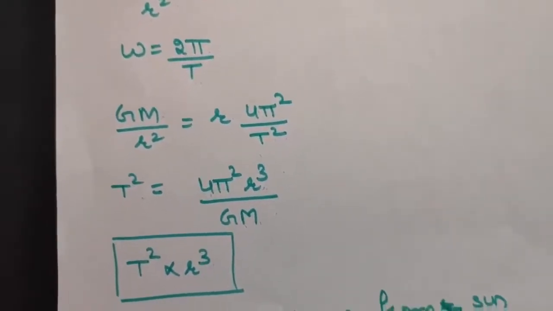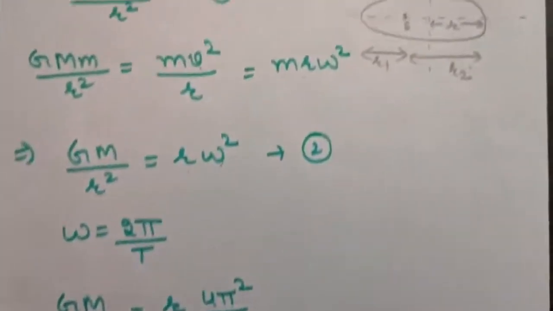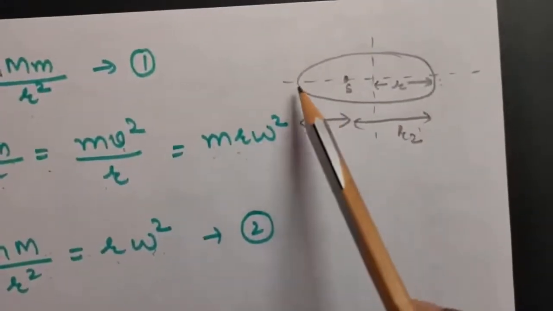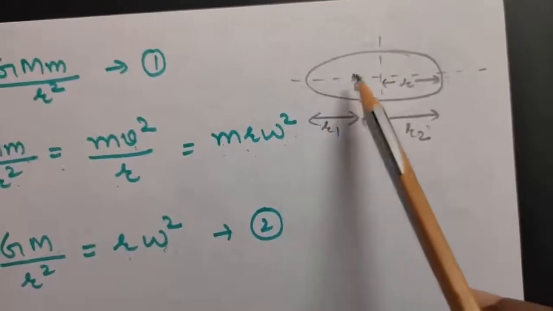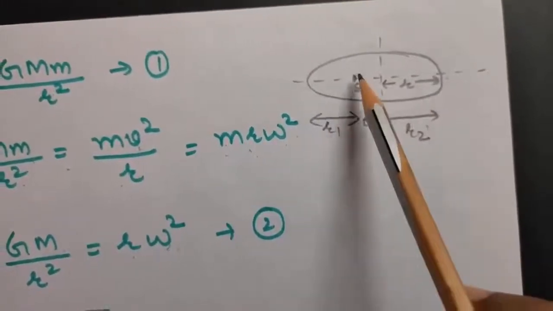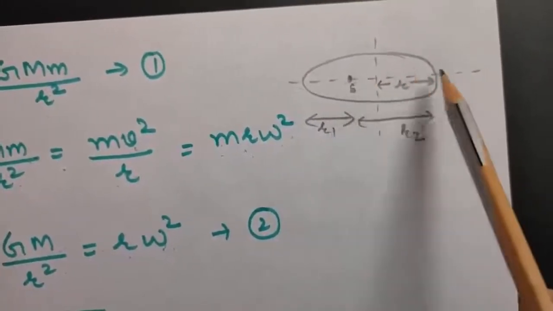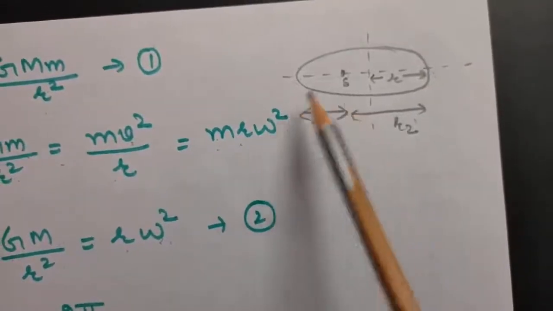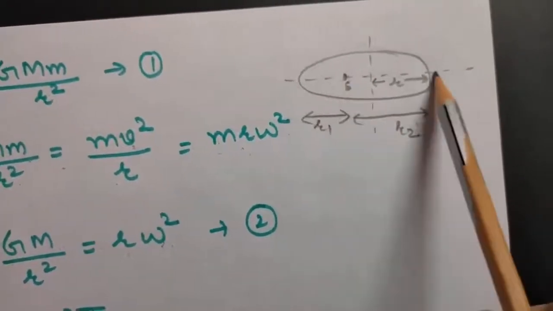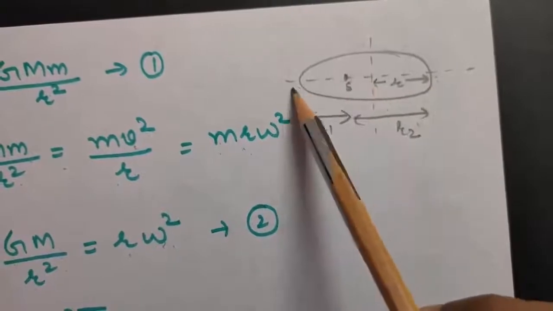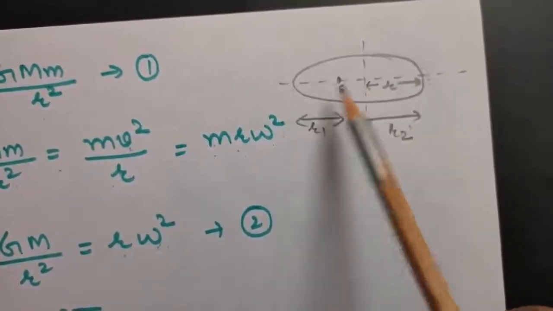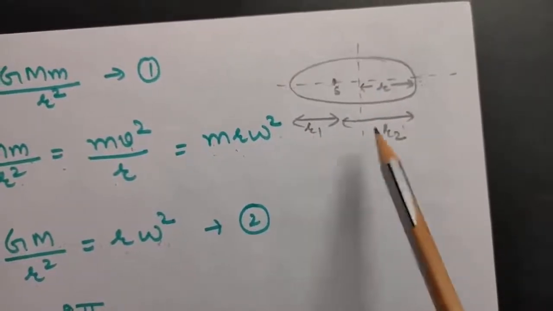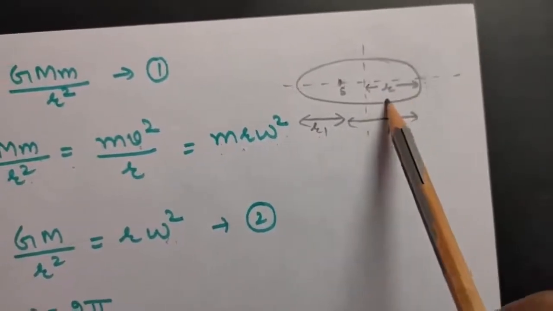Now again look at the diagram. R1 is nothing but the shortest distance from the sun, and R2 is nothing but the farthest distance from the sun. If you look at this diagram, R1 plus R2 will be equal to this length, and this length is also equal to R plus R. So we can say R1 plus R2 is equal to 2R.